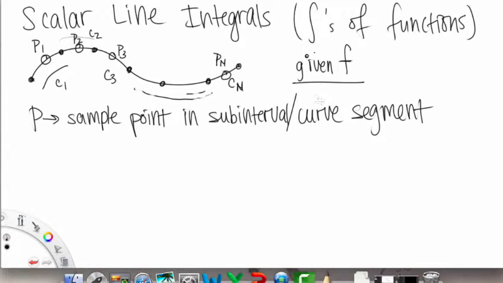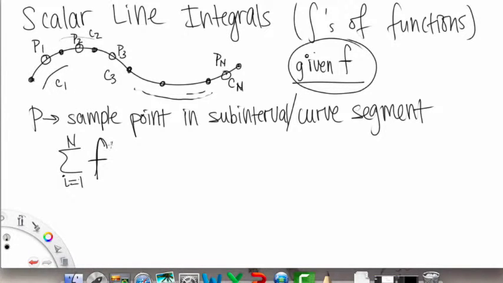Okay, so basically, what happens when you break it up like this is that your total sum, this may look familiar from Riemann sums, is the sum from i equals 1 up to n, where i just tells you which little curve you're on, of your f, your given f again, a function that depends on your point, where you are on the curve.